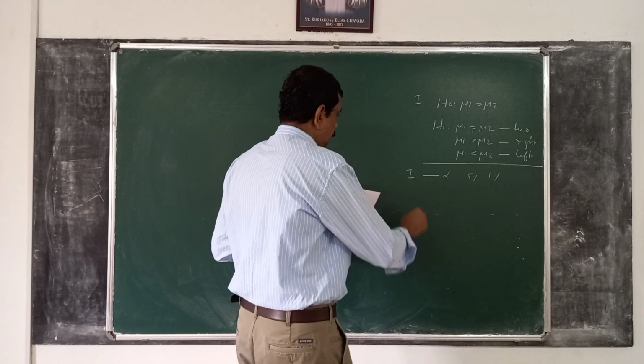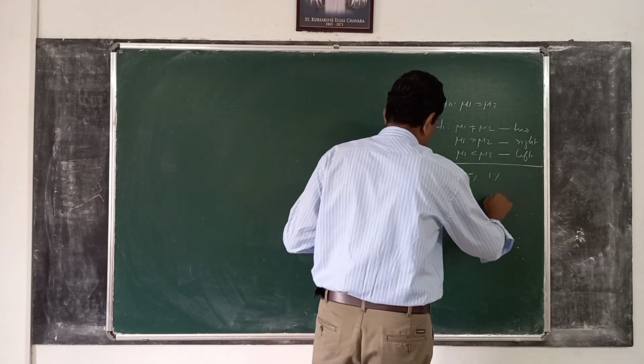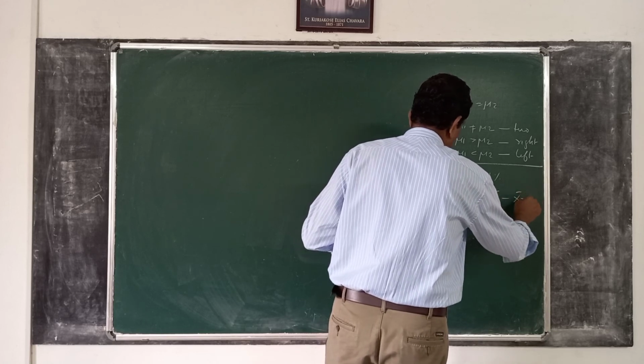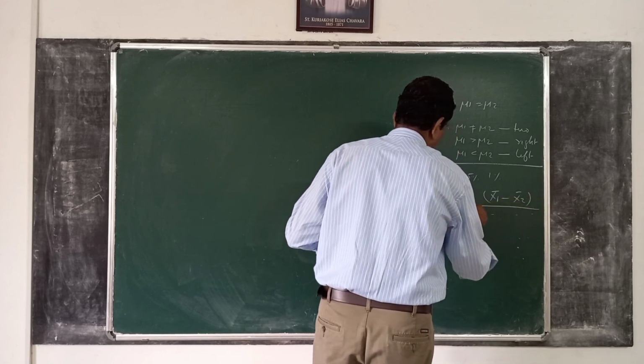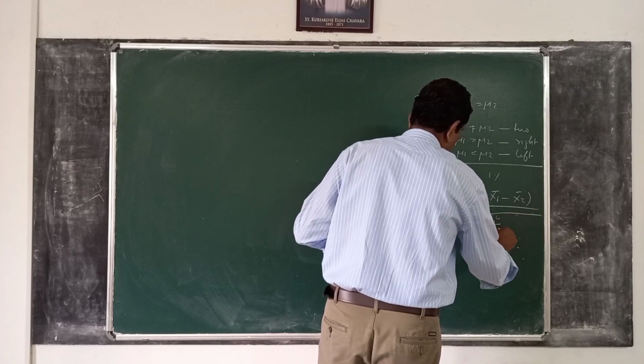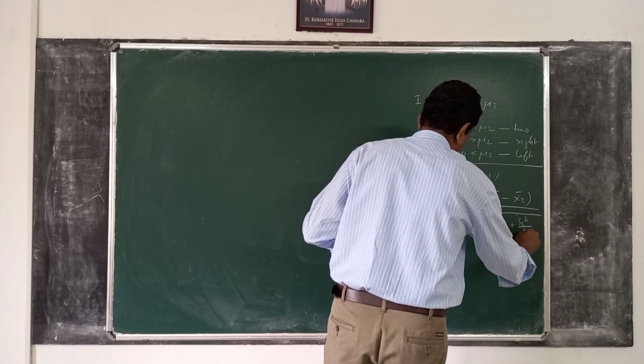The third step is to compute t as equal to x bar 1 minus x bar 2 divided by root of s1 square by n1 plus s2 square by n2.